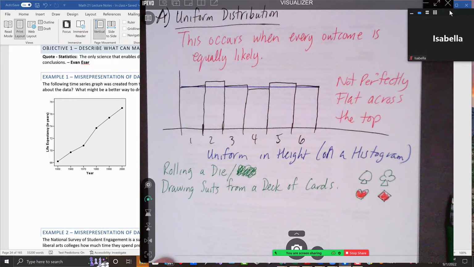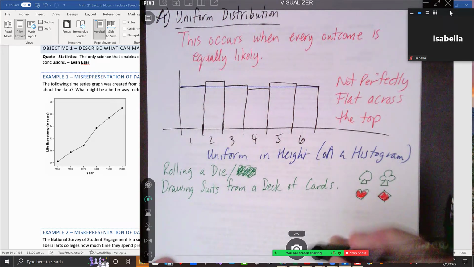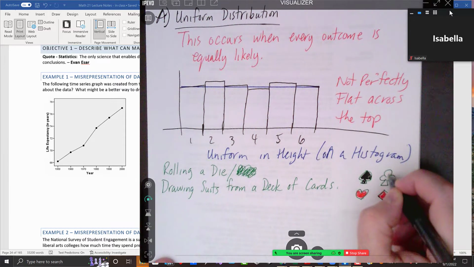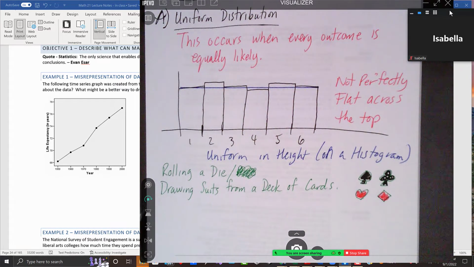And spades and clubs are black. Okay, so in a deck of cards, there's 13 of each of those symbols. 13 cards having those symbols for each category. So when I draw a card from the deck, I have a 1 in 4 chance of getting any particular suit. So those are things that are uniform distribution.